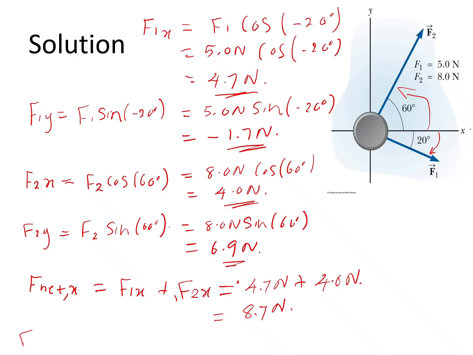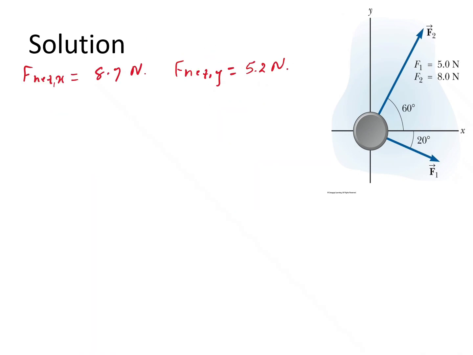And then F net y is equal to F1y plus F2y, which is negative 1.7 newtons plus 6.9 newtons, and that is equal to 5.2 newtons. We found that the net force in the x direction is 8.7 newtons, and the net force in the y direction is 5.2 newtons. Now we have to apply Newton's second law to these values.